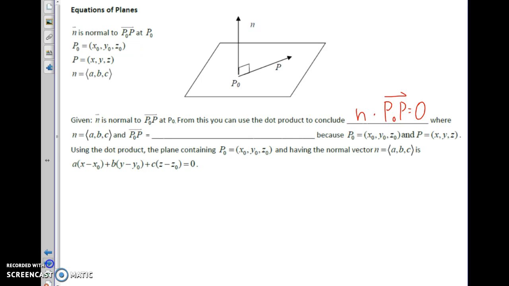And we can find the component form of the vector P naught to P. We're going to take A, comma, B, comma, C, that vector, and dot it with x minus x naught, y minus y naught, and z minus z naught.